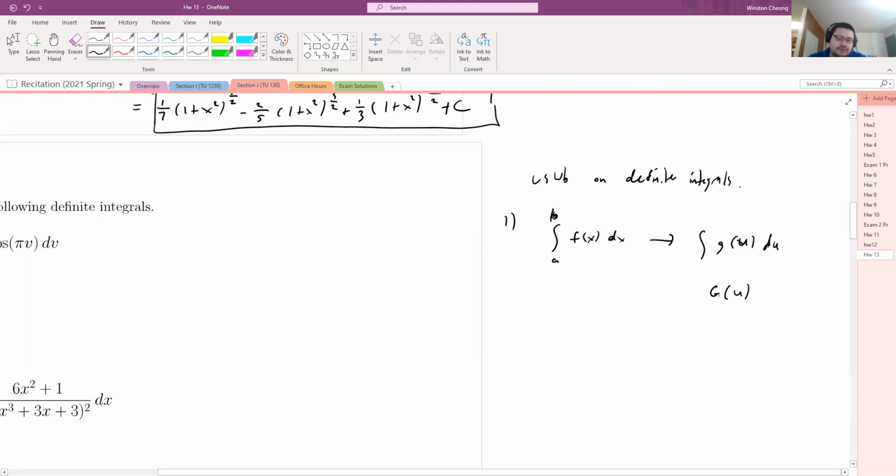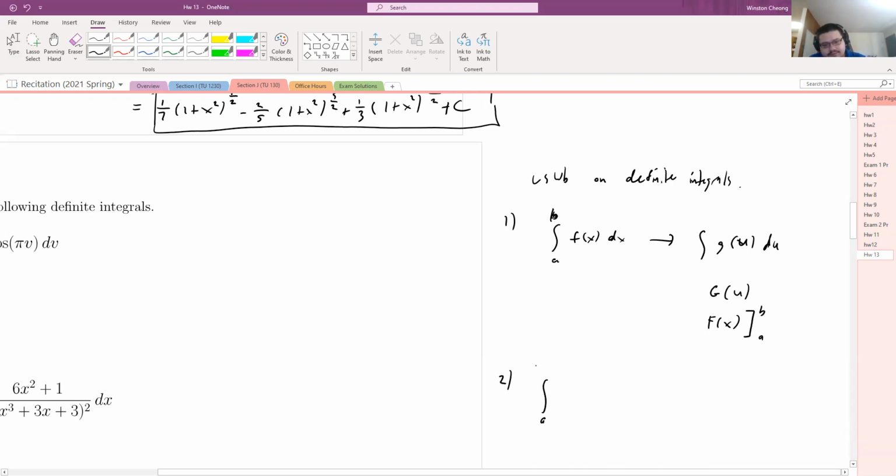By back substituting, you convert yourself back to the x world. So you then have the antiderivative of the function f, which you could then evaluate in the x world, and that would give you your answer. So this is the first approach, where the evaluation happens in the x world.